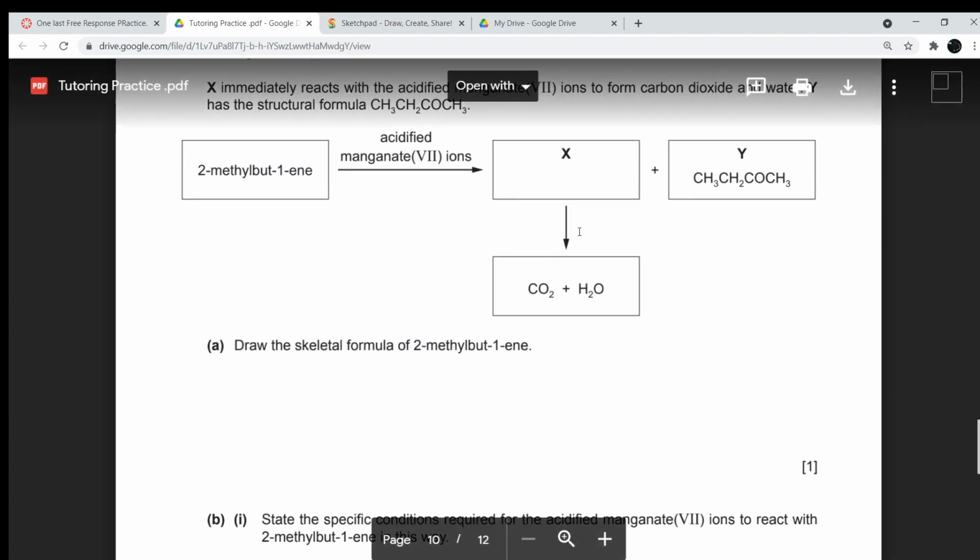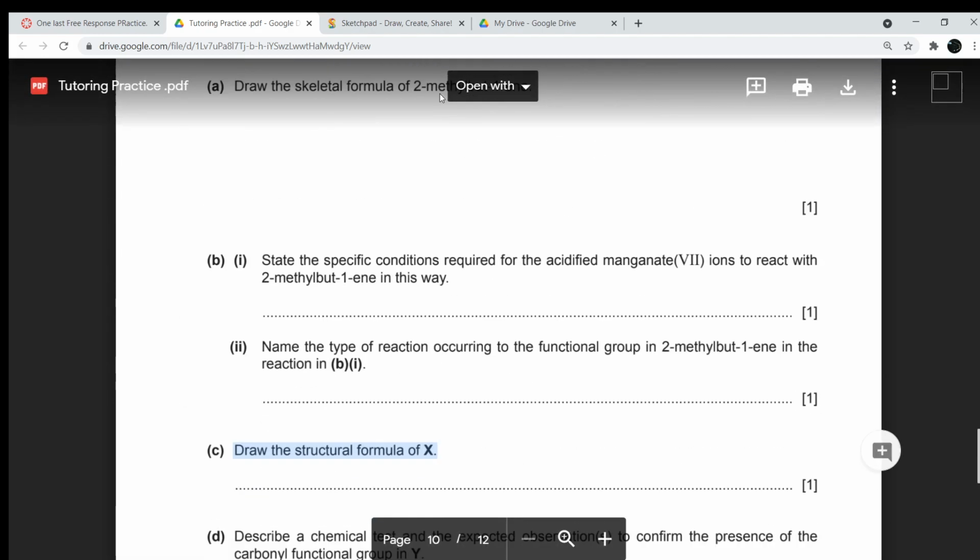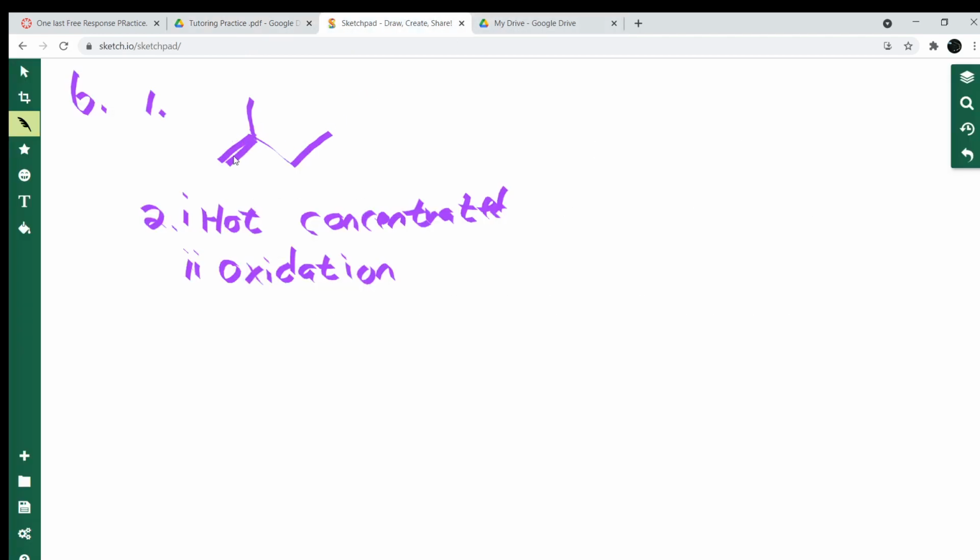Draw the structural formula of X. Okay, so wait, what happened here? Earlier, we have this right here, and we know that this bond is going to break. Why?